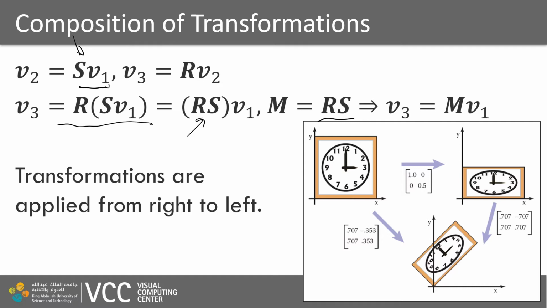We can see this on the following figure, where our first transformation is scaling. So this is the matrix S here, and it brings us from one point, let's take this one as being the point V1. This point V1 will then be scaled, and it will result in a version of V1, which is the V2 point.